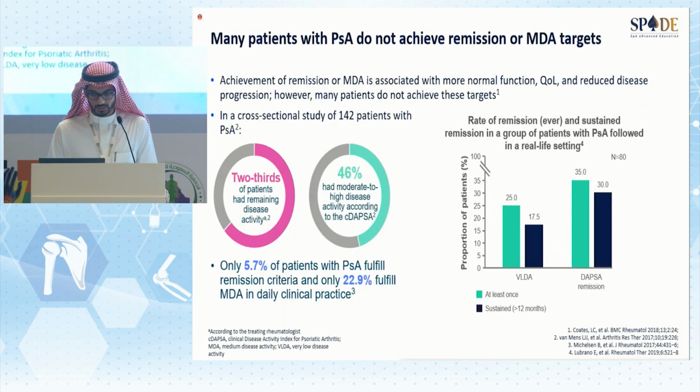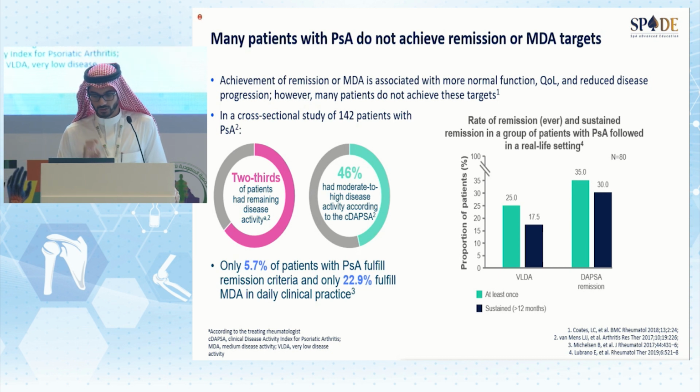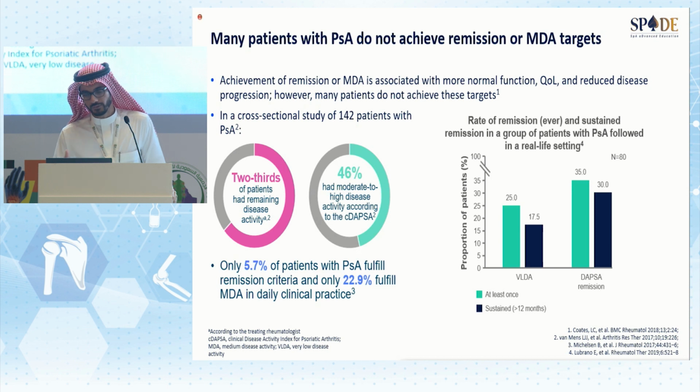Now, as you can see in this slide, here we have a study that tested 80 patients, and they found that only approximately 25% of patients achieved very low disease activity at once, from which only 17 sustained that remission over a 1 year period.